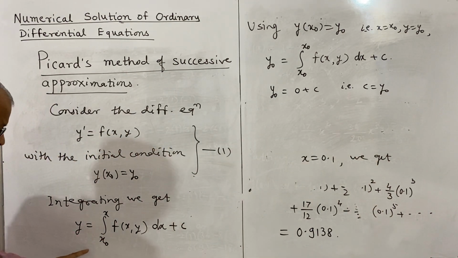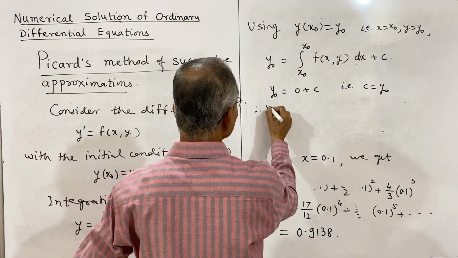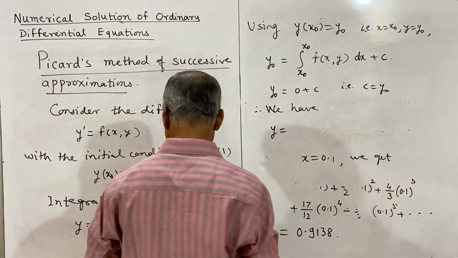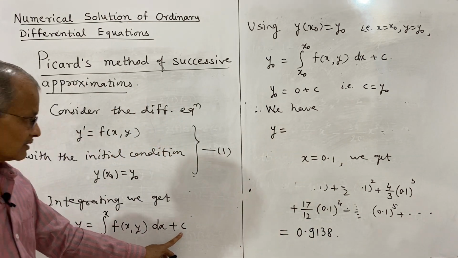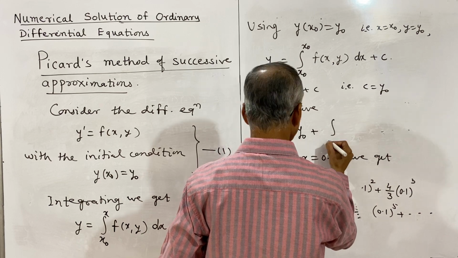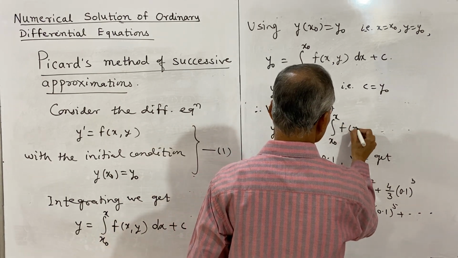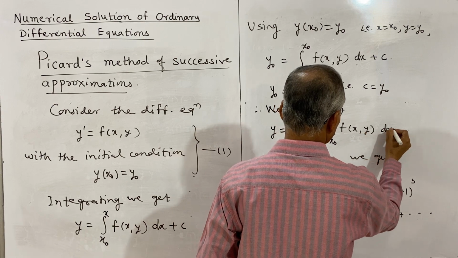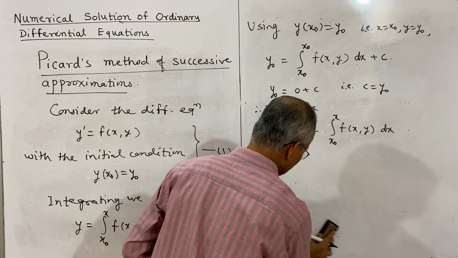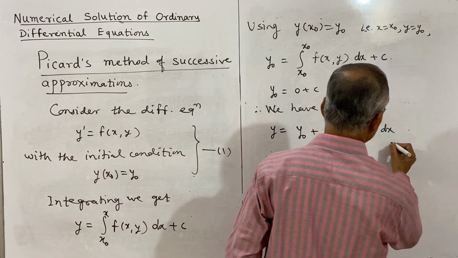Put this value of c in the equation, and therefore we have y is equal to y naught plus the integral from x naught to x of f of x comma y dx. So this is our integral equation, and we call this equation 2.